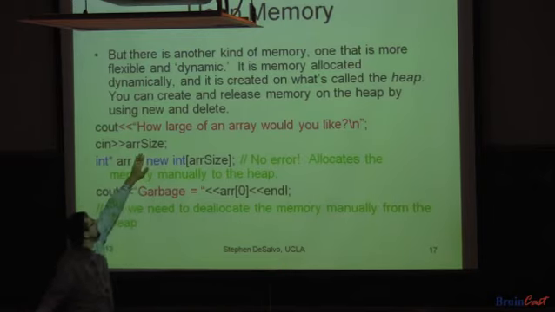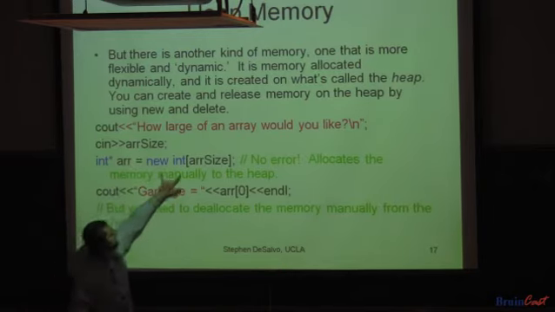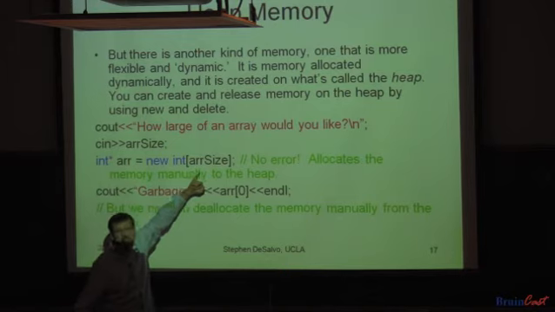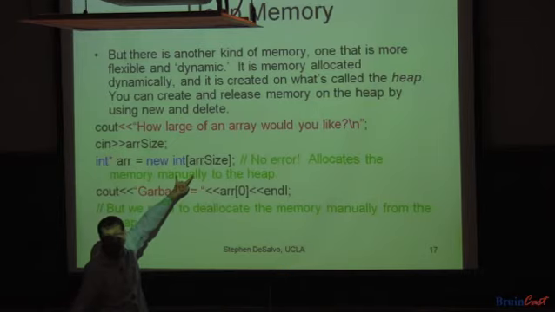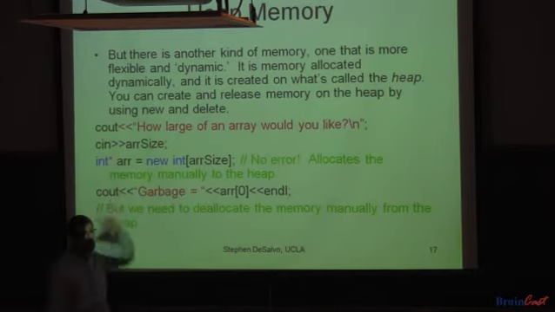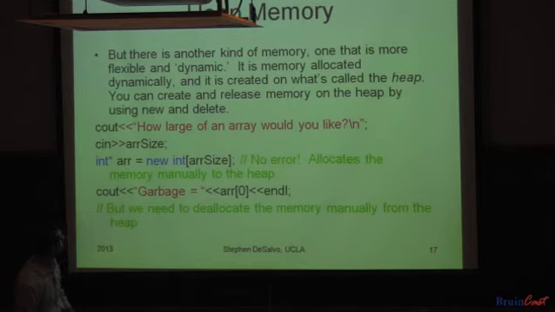Ignore everything to the right. But new int array, this creates memory on the heap and returns the address of the first element, and that's what the pointer gets set equal to. Okay?